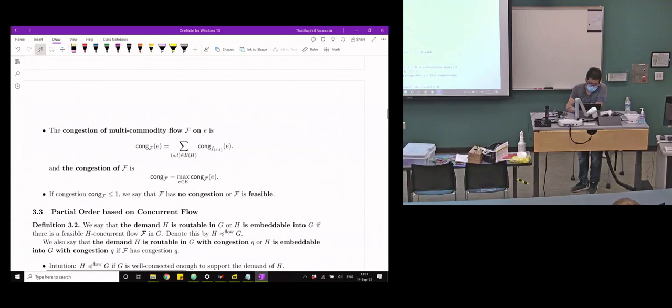Once you have defined the flow, we can again talk about the congestion of a multi-commodity flow. The congestion of F on every edge is really just summing the congestion of each flow, summing over all commodities, over all demands.